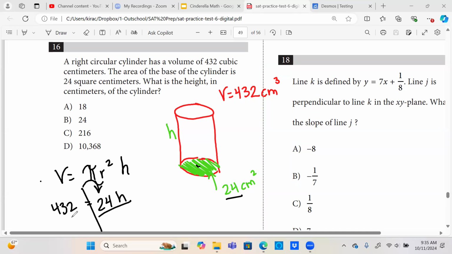Solve. So I'm just going to let my calculator do 432 divide 24, and that's 18. The height is 18. Okay. Again, you can use the formula sheet. If you didn't know the volume formula, it is on there.